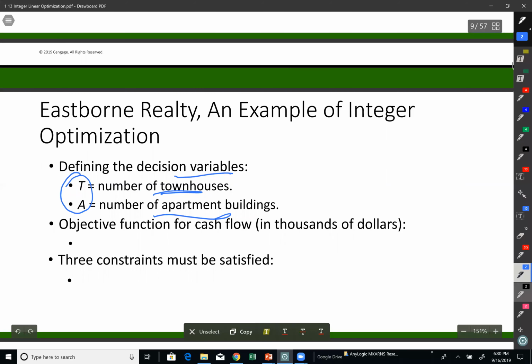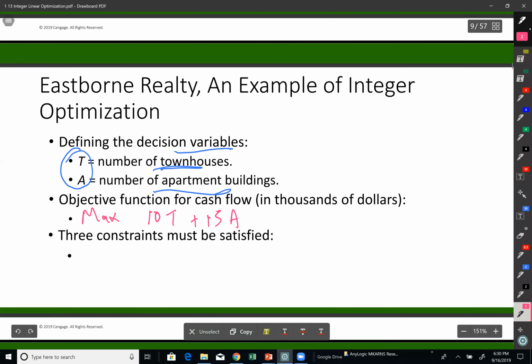Our objective function is a maximization problem: maximize the profit, which is $10,000 for every T townhouses plus $15,000 annually for every single apartment complex that we bought. We have 3 constraints in this problem.